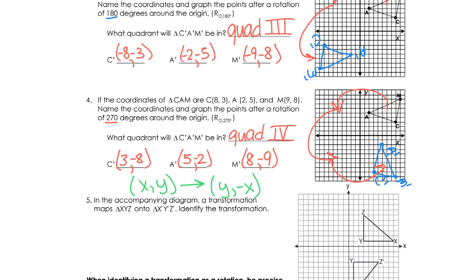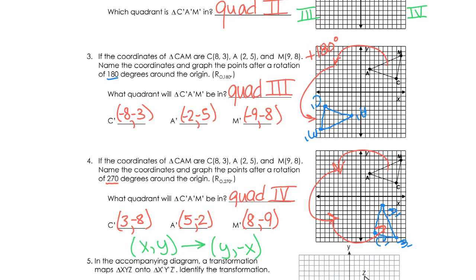Okay. If we go back up and look at 180 degrees, you can see that the rule is going to be a little bit different. What happened here is that they stayed in their same spot. They just became the opposite sign. So negative x, negative y. Okay.